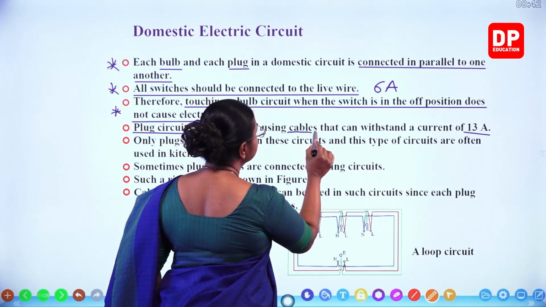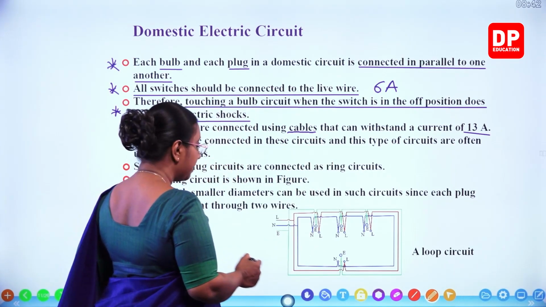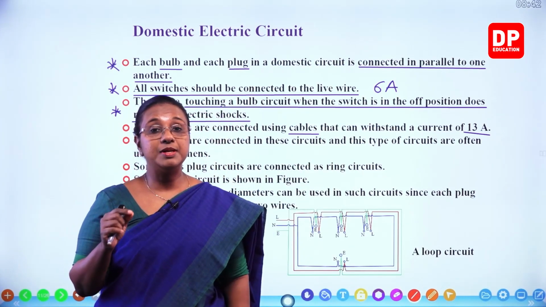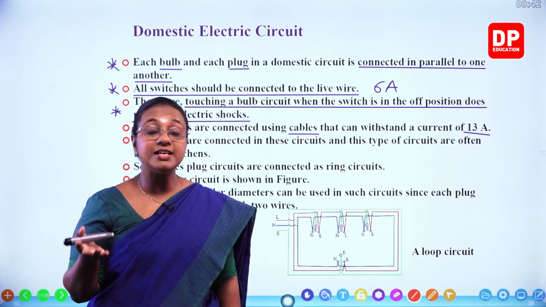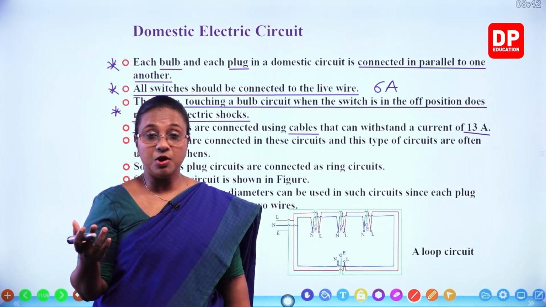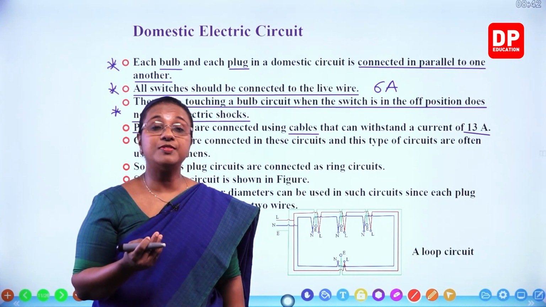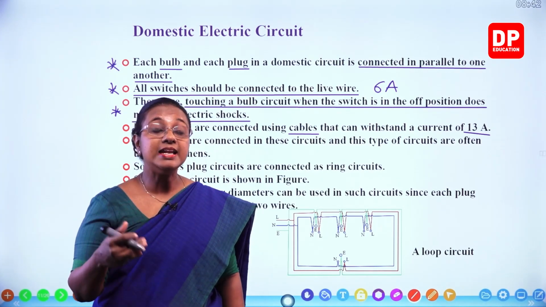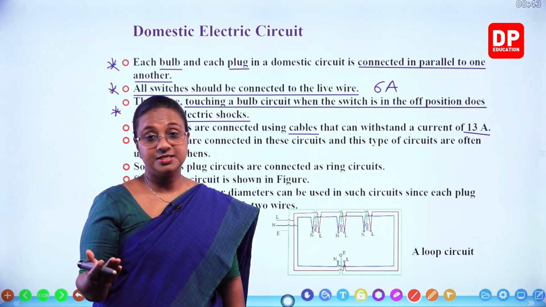Why are these cables important? All the cables or conducting wires have a resistance. Most of the time, some part of the current is used against resistance and becomes heat energy.